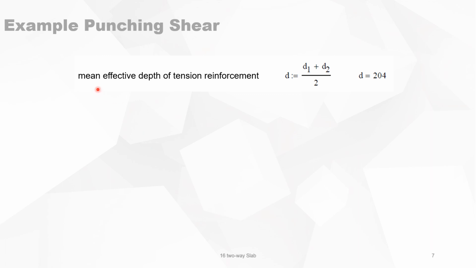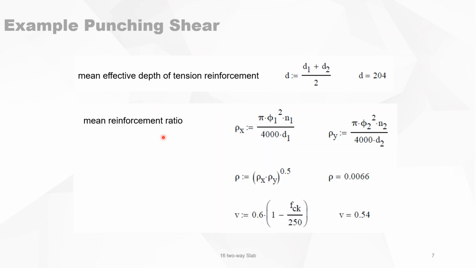So we calculate the mean effective depth of the tension reinforcement, which is the mean depth of both layers, which is 204 millimeters. Then we calculate the mean reinforcement ratio. It's the reinforcement ratio in the X direction with the effective depth in the X direction.